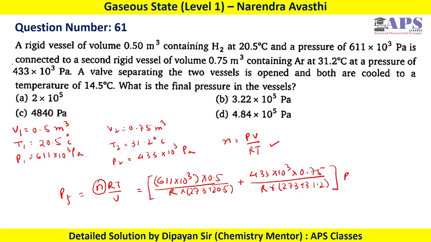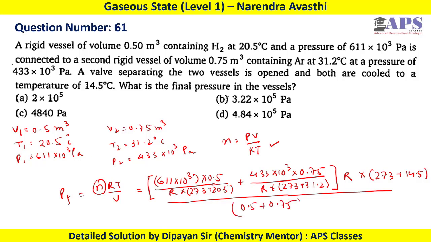We can multiply this by R and the final temperature, that is 14.5 degrees centigrade, whole thing divided by the total volume, that is 0.5 plus 0.75. Okay, so here we have used N1 and N2, which will give the total moles of the system. If you solve the whole thing, you will get pressure as 4.84 into 10 to the power 5 Pascal. So option D will be the correct option.